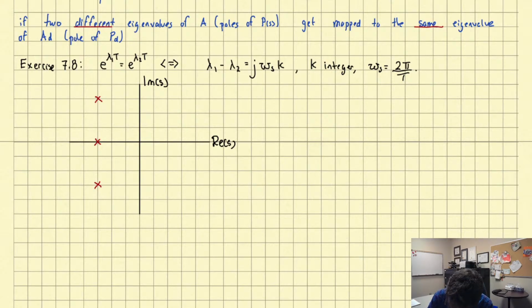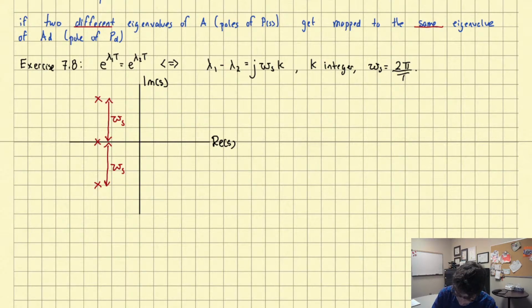What we're saying is that if you choose your sampling period so that this distance is omega s, then they will get mapped to the same location after discretization, and you will lose basically some information about your plant.